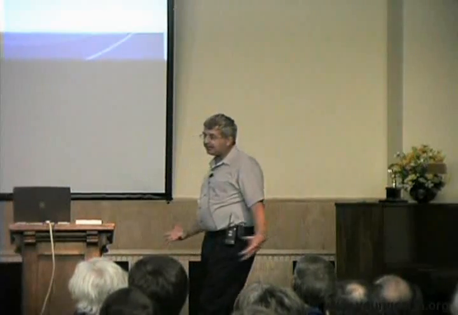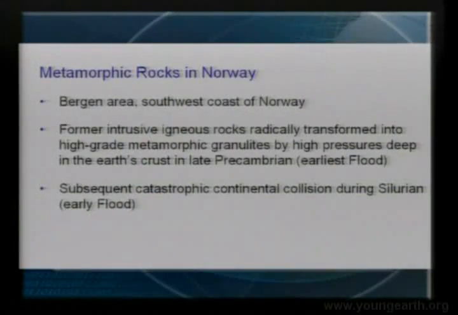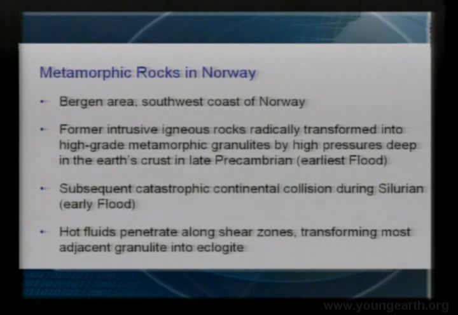And subsequently, during earth movements early in the flood in our time frame, hot waters had penetrated along fracture zones in this metamorphosed rock. Along the fracture zones, the hot water had transformed the surrounding metamorphic rock into a different metamorphic rock.